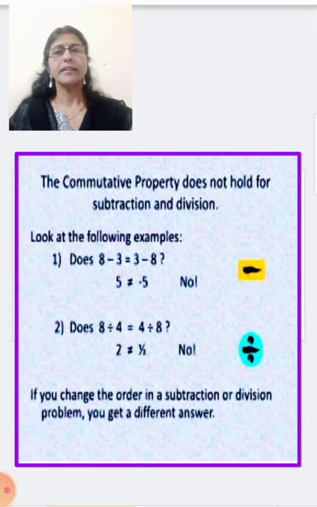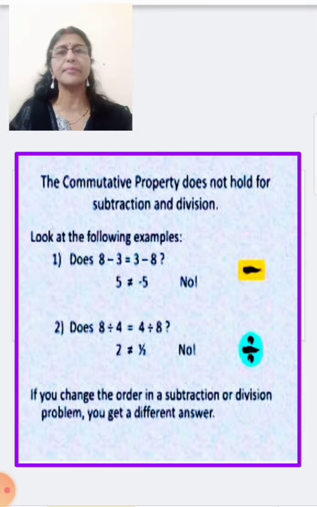You have learned about subtraction. In subtraction also, when you change the order, you get a different result; there is an example you can correlate with. 8 minus 3 is 5. If you change the order and write 3 minus 8, it becomes -5. So 5 is not equal to -5. So in the case of subtraction also, it is not commutative.